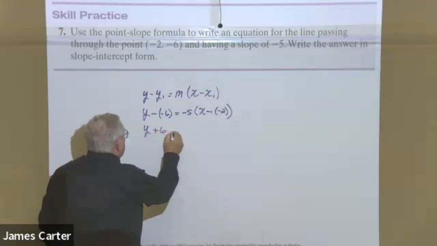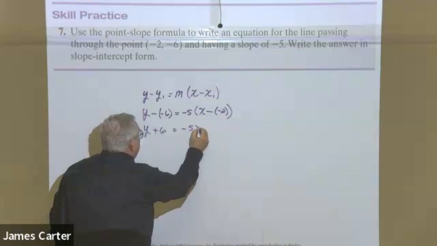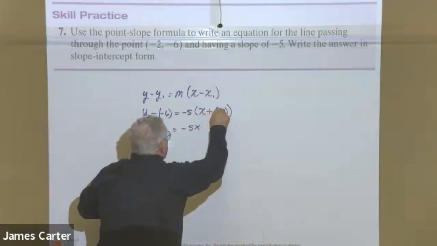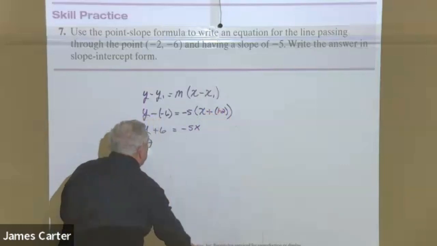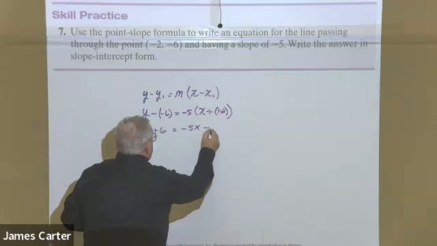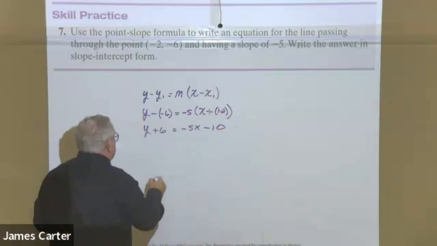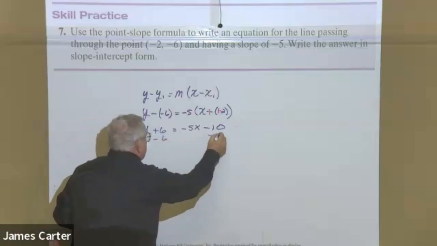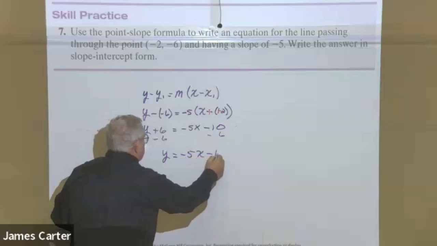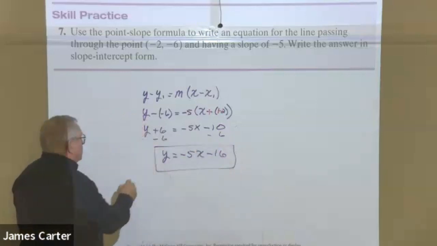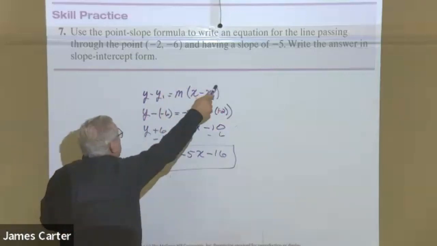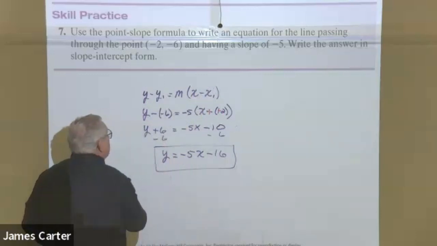Y plus 6 equals -5x, and don't forget, I've got to do this. So -5 times +2 is -10. Now I'm going to subtract 6 on both sides, and I get y equals -5x minus 16. And there's my equation of the line, given that point and that slope.